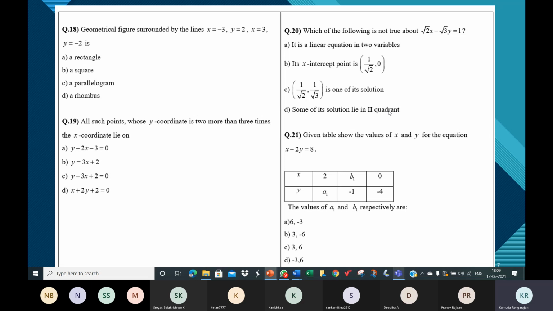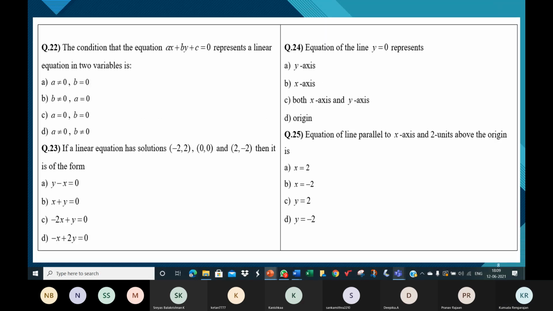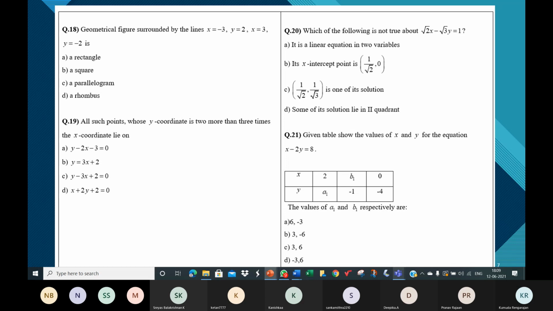How do we check? Find the x-intercept and y-intercept, all of you. Tell me the values. To find the x-intercept, you should use y as 0.